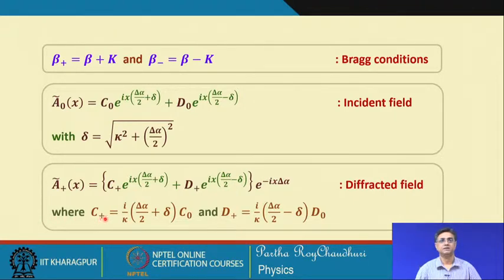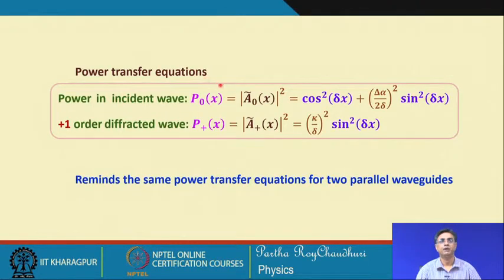So, C plus, we have seen that can be represented knowing the constants C 0 and D 0, they are represented by this. And using the boundary condition for the unit incident field, we calculated the power, that is power in the 0th order wave, and power in the plus order wave.